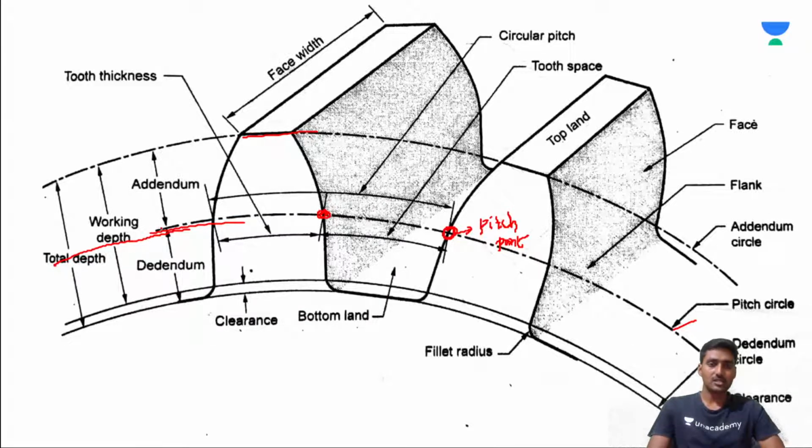The distance measured along the radius from the pitch circle to the addendum circle is called the addendum. Similarly, the distance measured along the radial direction from the pitch circle to the dedendum circle is called the dedendum.